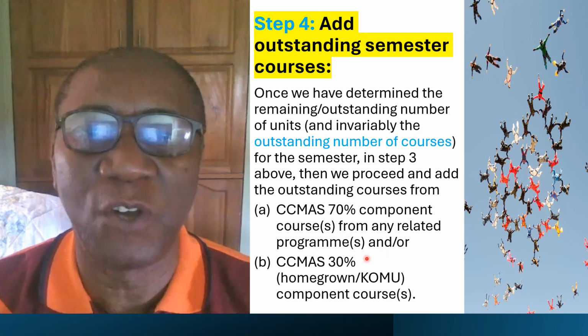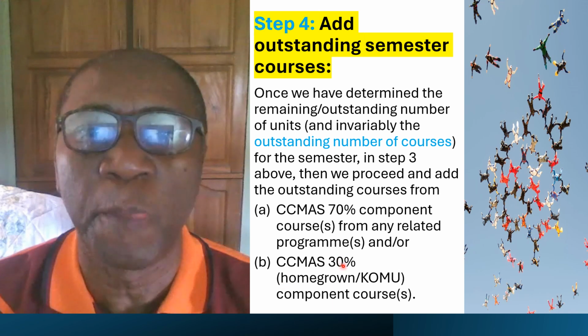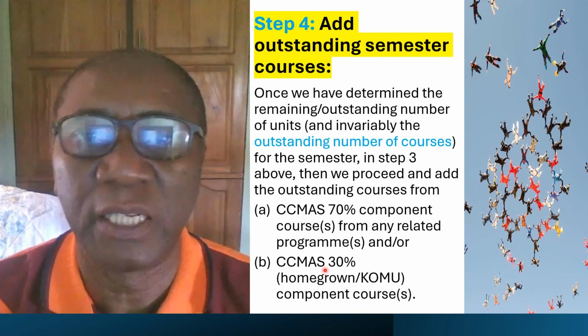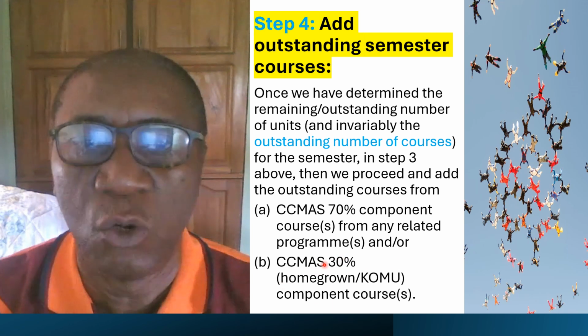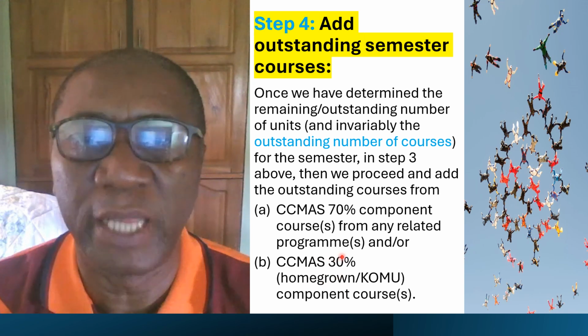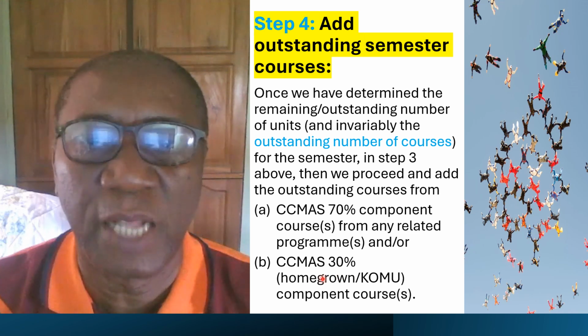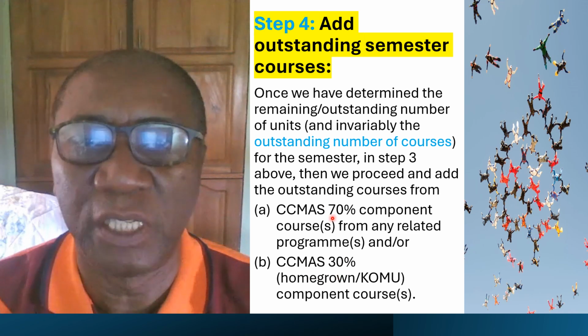So you can make up for the outstanding semester courses by picking from already defined 70% compulsory courses from related programs. Then, of course, the second way, which is actually what NUC is encouraging, is for us to domesticate from our own program. So the cybersecurity people may have to develop some special courses that are not already captured in the 70%.